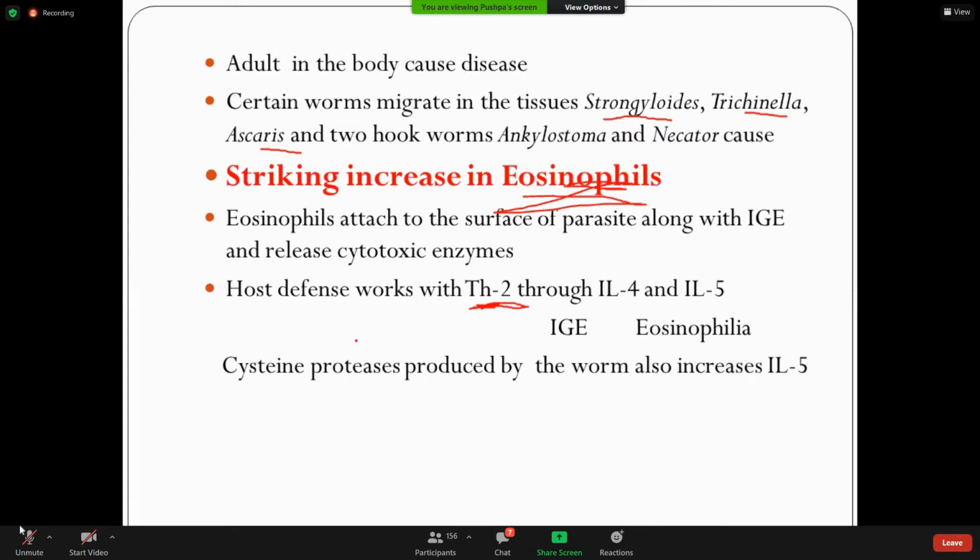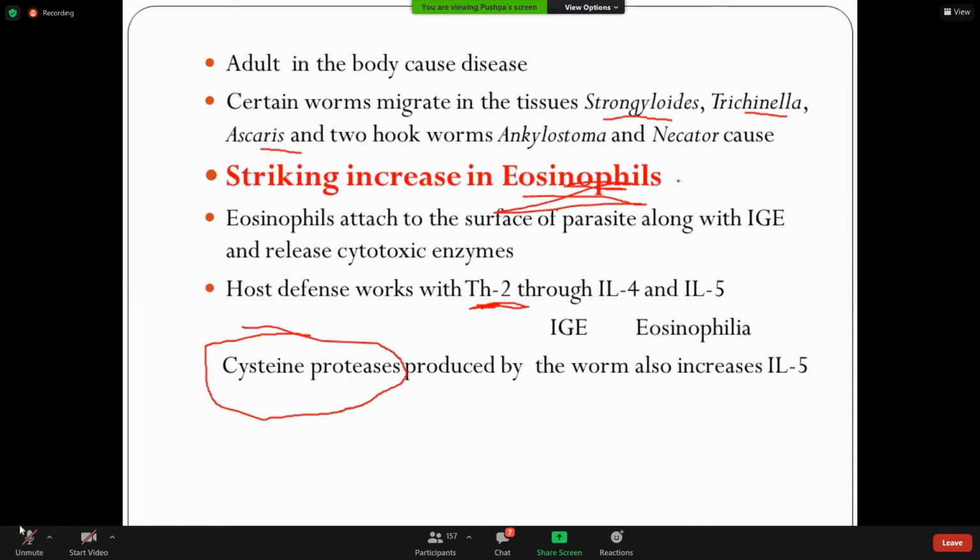Plus, the worm itself releases cysteine proteases, and this cysteine protease also increases the level of interleukin 5. The eosinophils release cytotoxic enzymes which try to hit the parasite, but they cannot actually kill it.